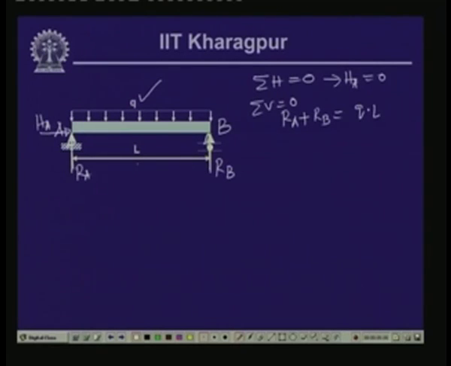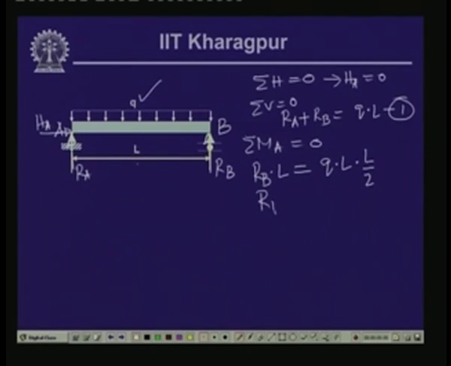Let us call this equation 1. Now, if we take the moment of all the forces with respect to A, moment about A equals 0, we have RB times L, which is in the anti-clockwise direction, equals qL, which is in the clockwise direction, times L/2.